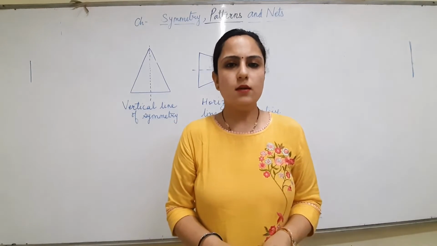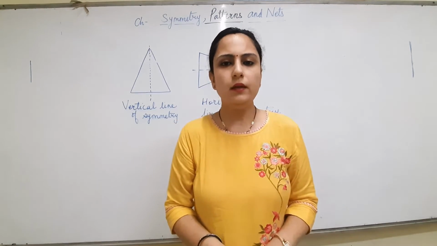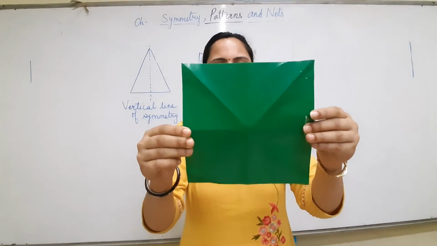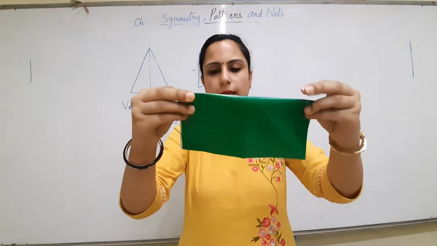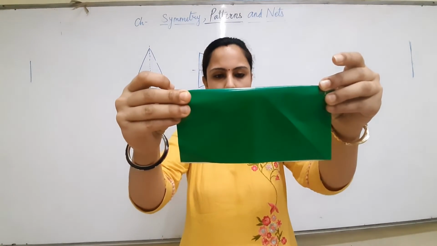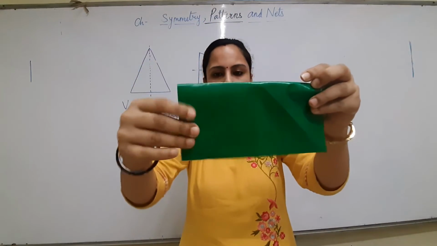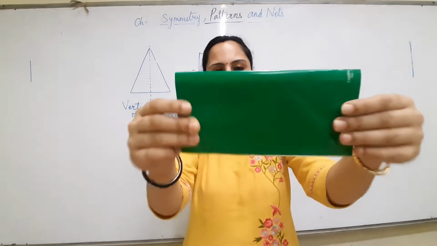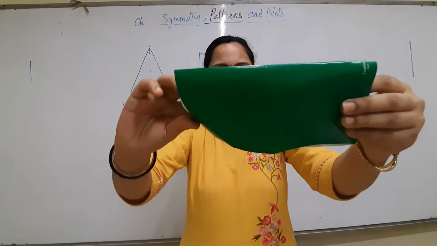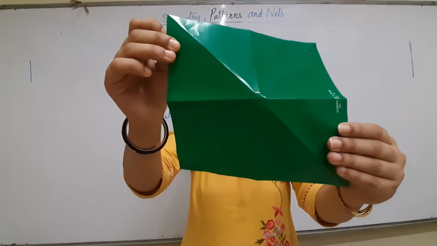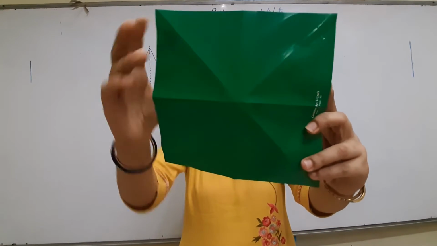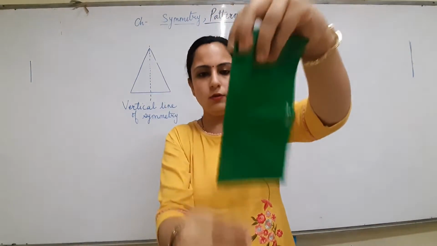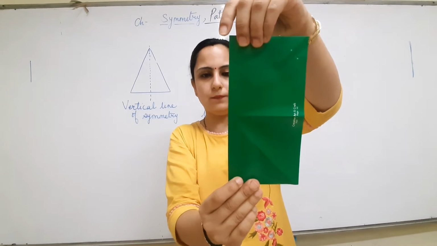Children, can you guess a shape having 4 lines of symmetry? Yes. This is a square. When you fold it along its horizontal axis like this, it has a horizontal line of symmetry, exactly overlapping. Now when you fold it along its vertical axis, you can see again it is exactly overlapping.